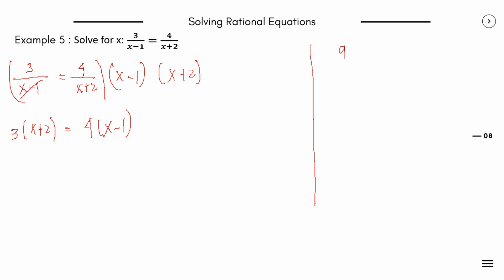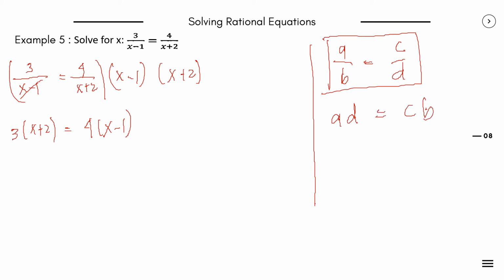So, A over B is equals to C over D. So, to prove that these two fractions are equal, we have to multiply A and D is equals to C and B. So, kapag minultiply natin itong dalawa, and then minultiply natin itong dalawa, pareho yung number nila dapat. So, same as here, ganun din siya. But here, wala pa tayong value ni x. Kanina, matitignan natin if the equation is true. Ganon din yung gagawin natin.